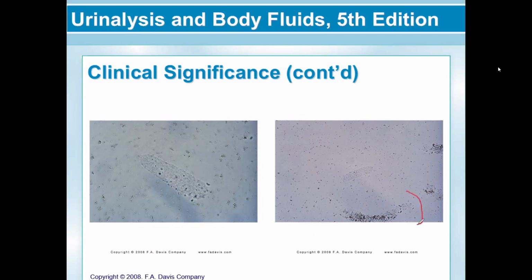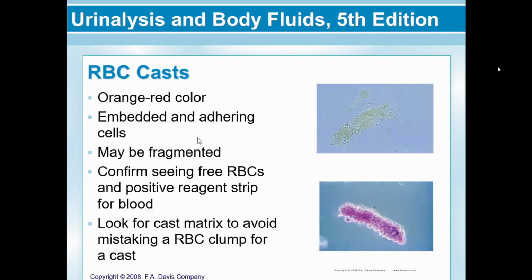Pero hindi cast ito. This is amorphous urates. Acidic urine with this amorphous urates. Kung makikita nyo, wala siyang matrix o walang balot, nagkumpul-kumpol lang sila kaya nagmukha silang cast pero wala siyang cover, okay? Unlike this one. Kita mo yung border niya, okay? So those are the pictures of your hyaline cast, okay?